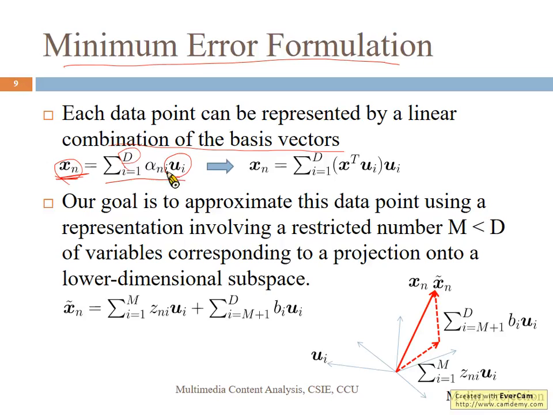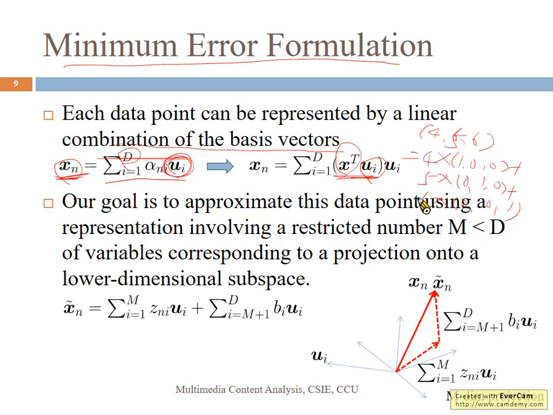Okay, and basically, the weight for each vector would be the inner product between the original data point and the basis vector. So this is what we said before, for this vector 4, 5, 6 can be represented by 4 times 1, 0, 0 plus 5 times 0, 1, 0 plus 6 times 0, 0, 1, right?